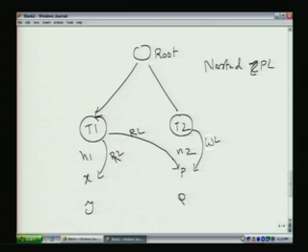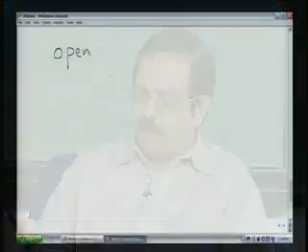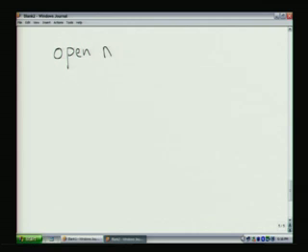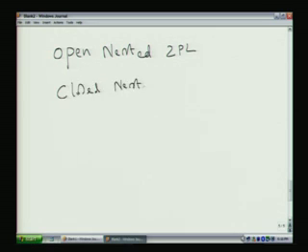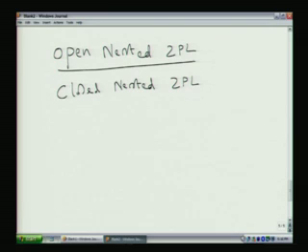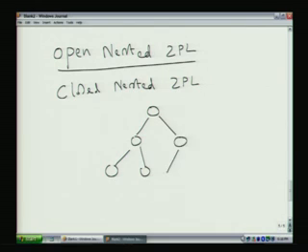Now, the way this execution is going to be done in nested 2PL, there are two kinds of models that one can think of. One is called the open nested 2PL and the other is the closed nested 2PL. In the case of open nested 2PL, you are assuming that in the tree structure that you have, these are all sub transactions that are possible.